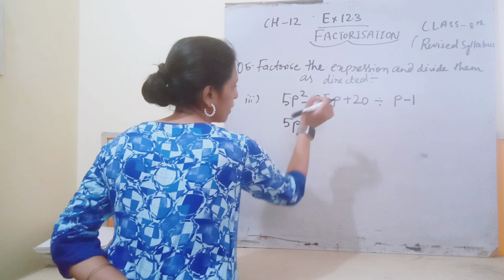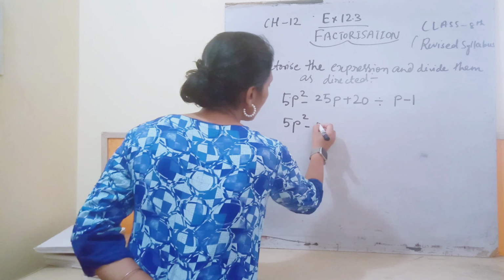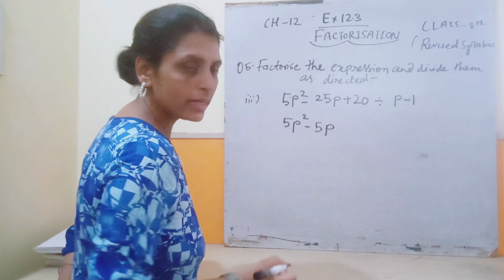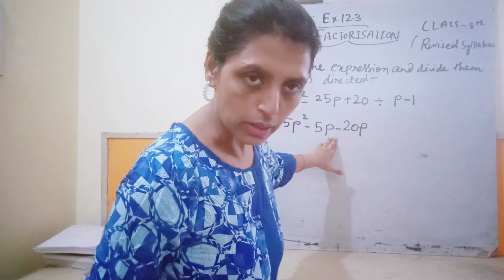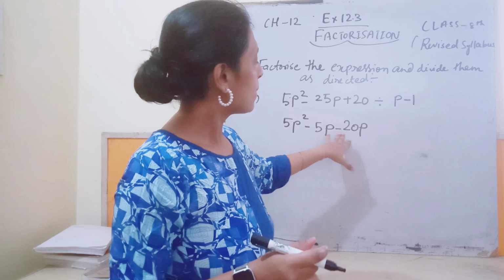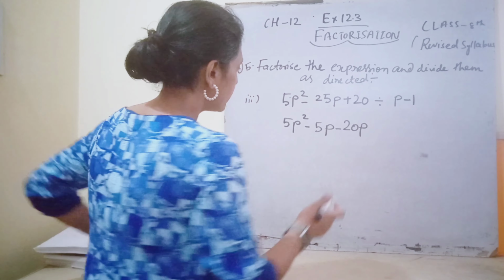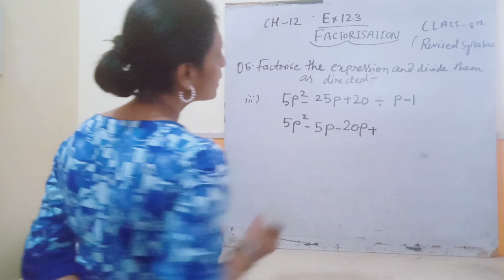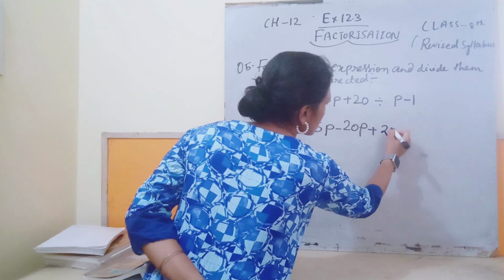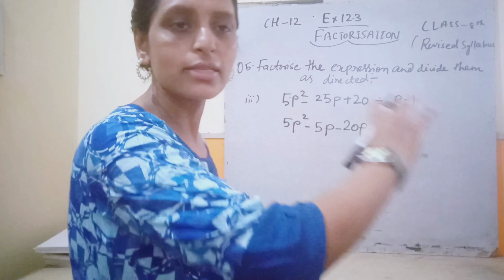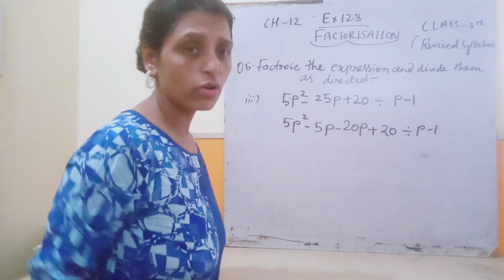Minus 25p can be written as minus 5p minus 20p, because minus 5p minus 20p will be minus 25p. Then 20 can be kept as it is, divided by p minus 1, so it will be easier for us to divide.